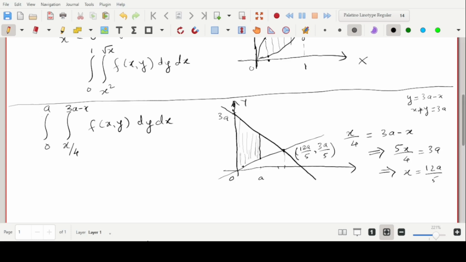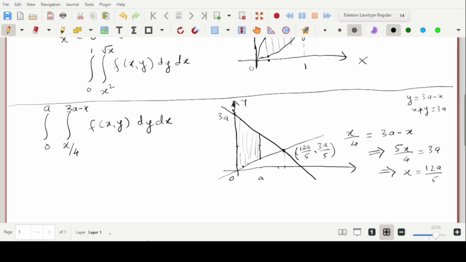That is what we want to decide, because here in this case x varies from 0 to the point that lies on this line. Here in this case x varies from 0 to a. This is the line x equal to a.